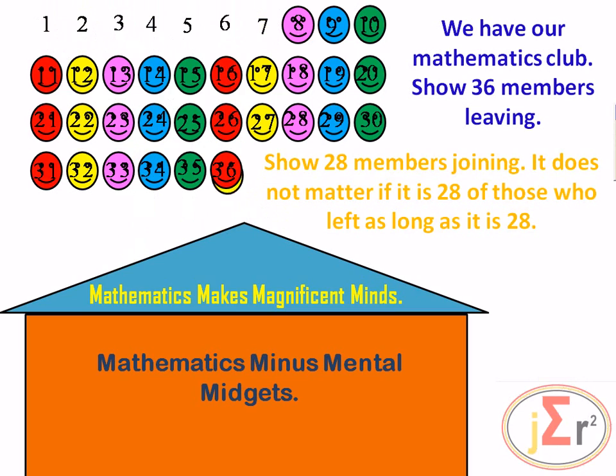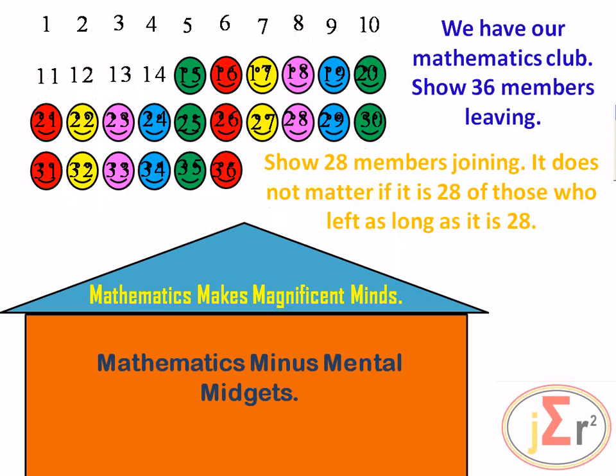What will happen when those 28 members go back inside of the club? We'll take a look at what will happen. We had 36 running out of the club. Now we have out of that 28 running into the club.